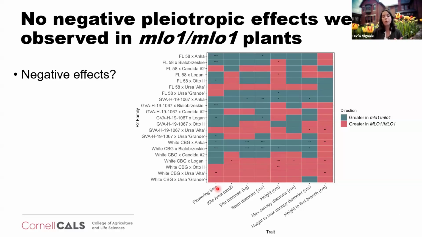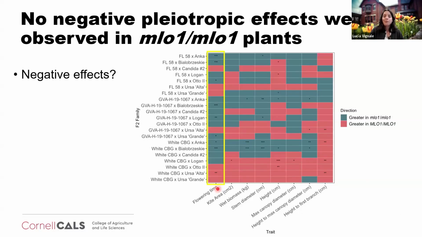So it's going both ways. I also added asterisks to show the ones with significant differences, because seeing differences doesn't mean that they are significant. I'm going to concentrate on the flowering time trait, because this is a really important one, and it's the one that has the most significant differences too.